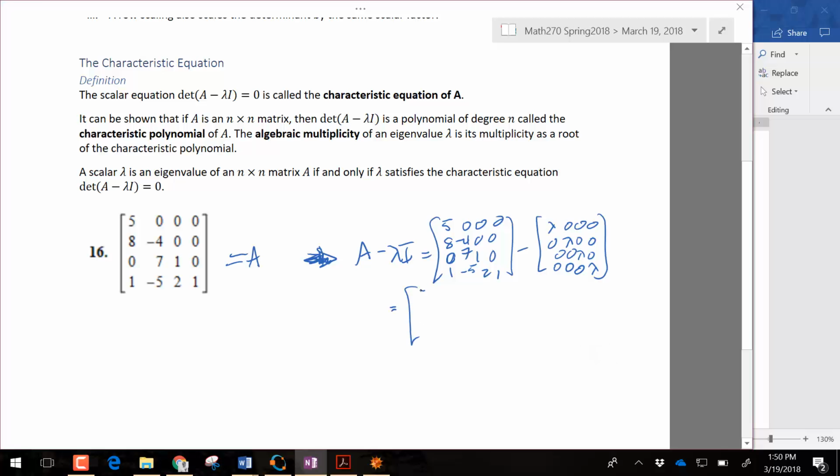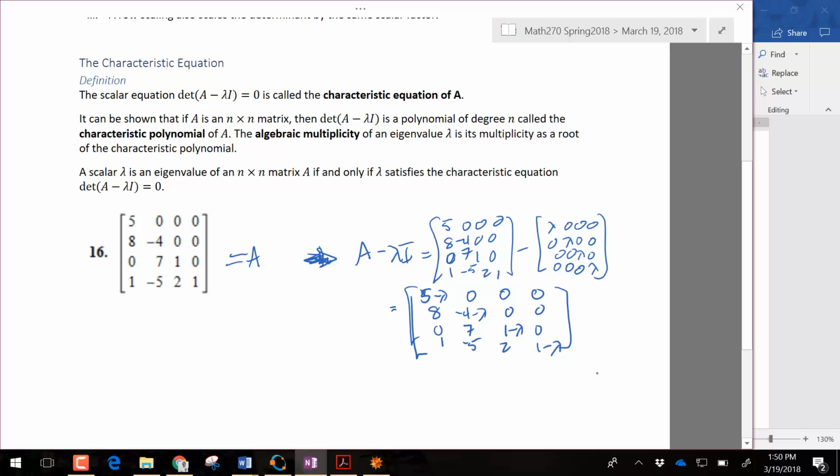So we're going to have 5 minus lambda, 0, 0, 0, 8, and then negative 4 minus lambda, 0, 0, 0, 7, and then 1 minus lambda, and then 1, minus 5, 2, and then 1 minus lambda.